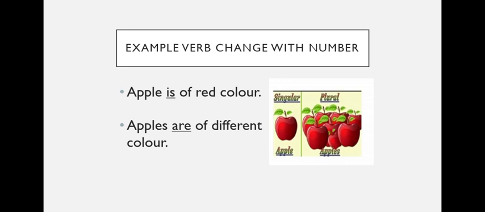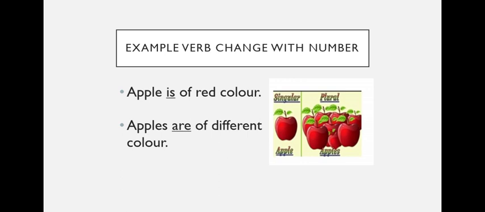Now we will see the last one, where the verb changes as per number. Number means whether the subject is singular or plural. So finite verbs undergo changes depending on the number as well. Let's see the example. Apple is of red color. Apples are of red color. In these two sentences, the subject apple is singular.